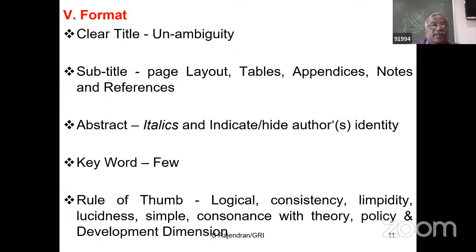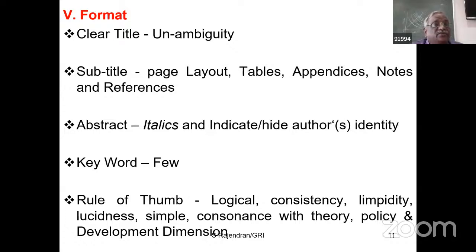It says the tribal livelihood system in the Western Ghats of South India. You need not give that much. Tribal livelihood system in Western Ghats or in South India, that's all. So instead of beating around the bush, you can just straight away give the title, which should be unambiguous.